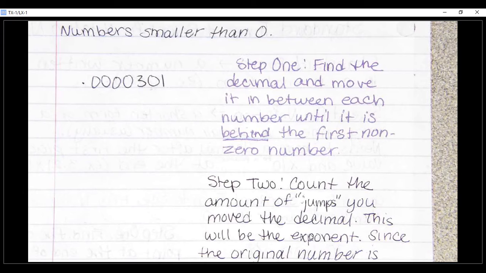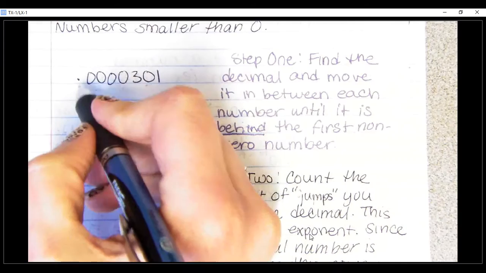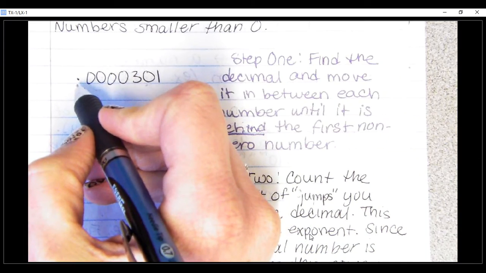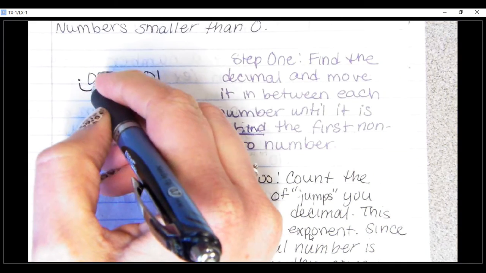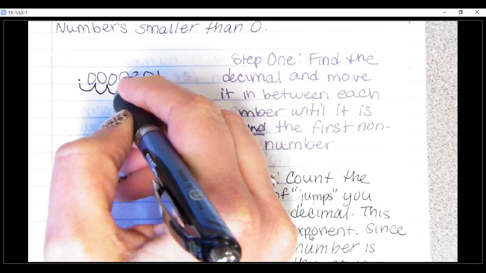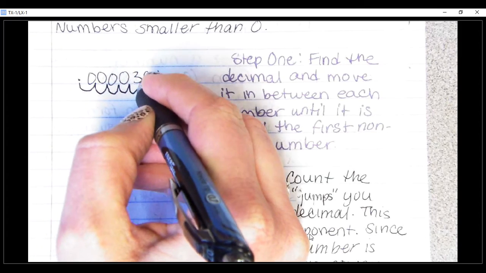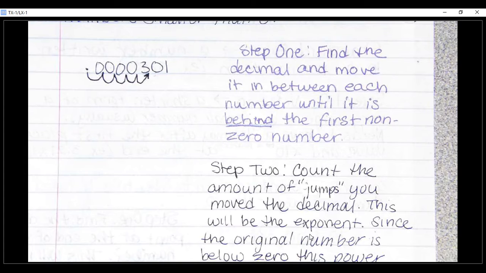So again, we want to find that one number that's going to go in front of our decimal point. I found my decimal. That one's already written for us. So again, I'm going to bunny hop it, jump in between each number until I am after that first whole number that's not 0. In this case, it's going to be 3. And make sure your decimal is behind it.